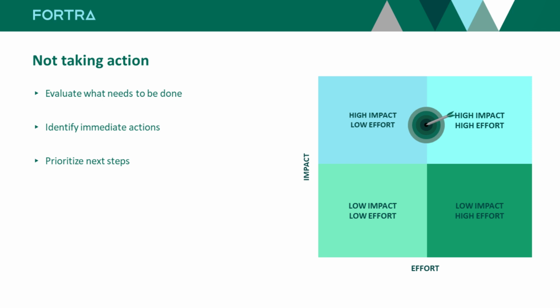So one of the things you can do to actually start moving forward is to evaluate what needs to be done. There could be hundreds of items, so really deciding what you're going to tackle first. You can use a matrix to determine where to focus our attention. Look for the changes that have a high impact and low effort.